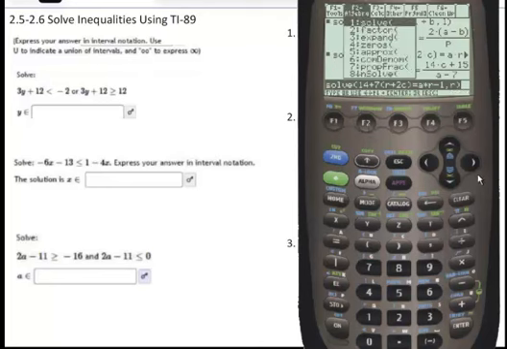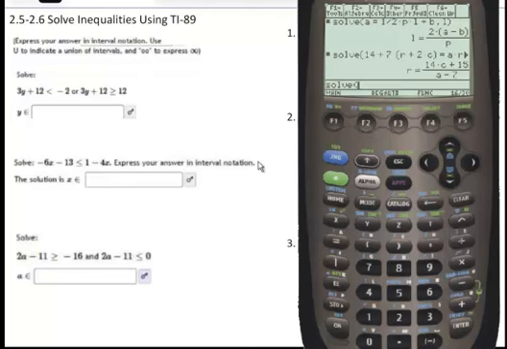So if I hit the F2 algebra tab, solve, 3y, type your inequality, plus 12. Notice the inequality symbols are down here, less than and greater than. So we hit blue, 0 is less than. Make sure you use the change of sign key for a negative number. If you plug in the subtraction key, it'll give you an error there.